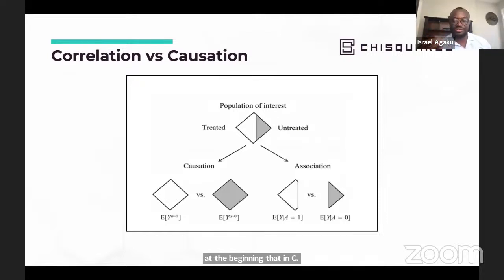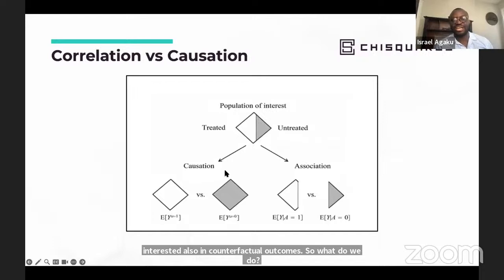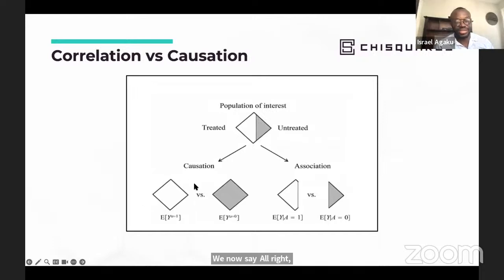We are interested also in counterfactual outcomes. So we say, all right, we're interested in comparing the outcome if everybody had been treated versus if everybody had not been treated. So now you see how we employ counterfactual theory in causal inference.